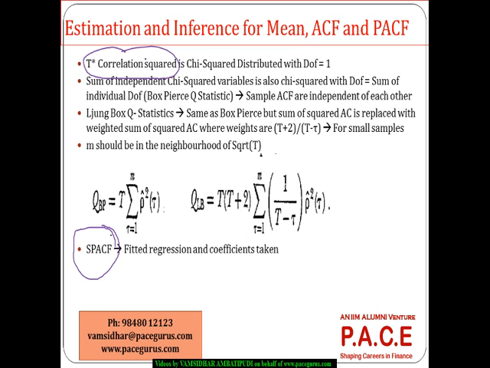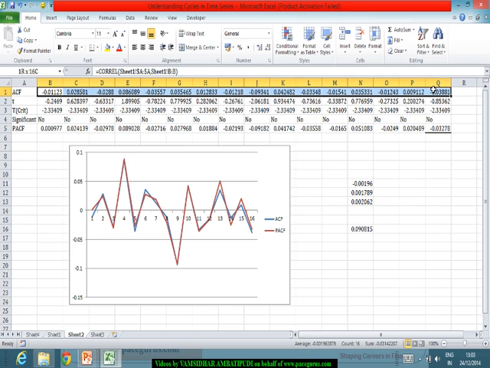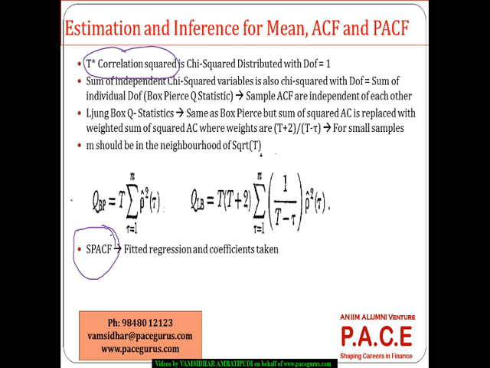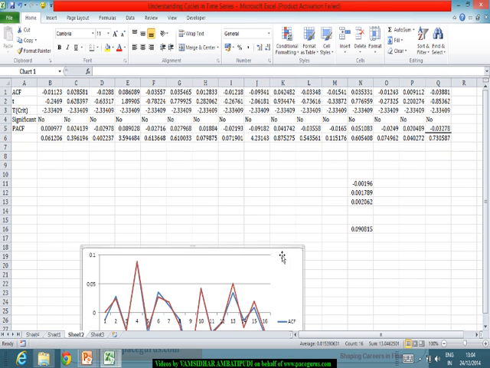And a few more important dimensions to look at in this context: look at the autocorrelations squared, multiply them with the sample size, and sum them up. So these are the autocorrelations, and I'll do the autocorrelation squared and multiply it with the sample size.